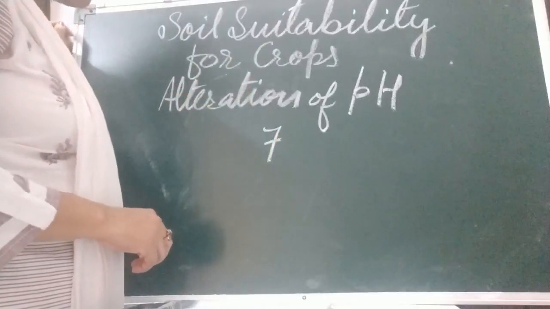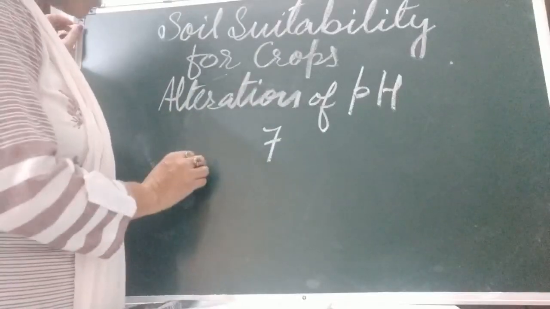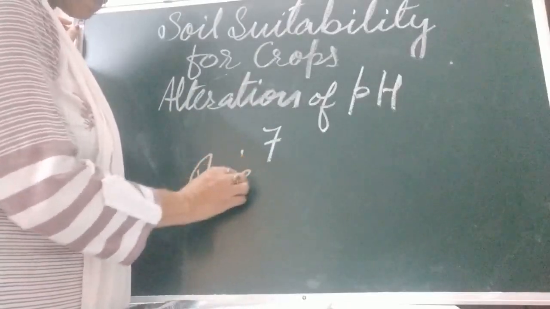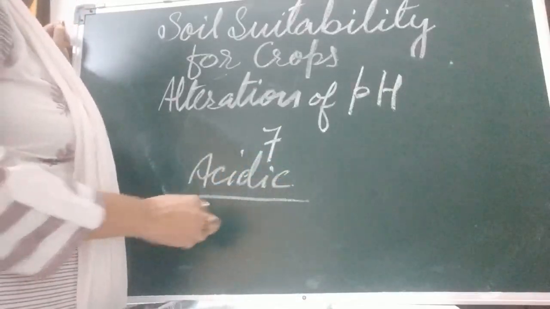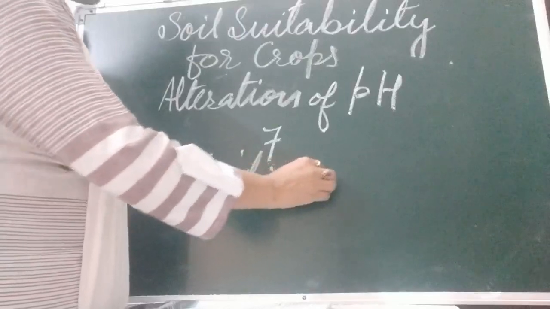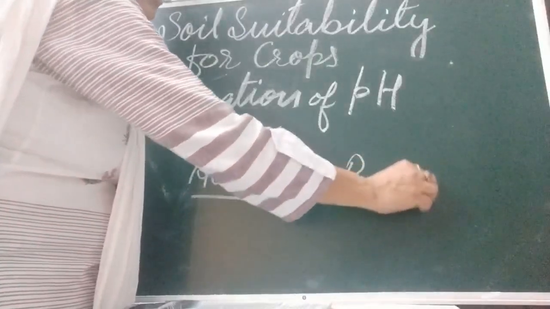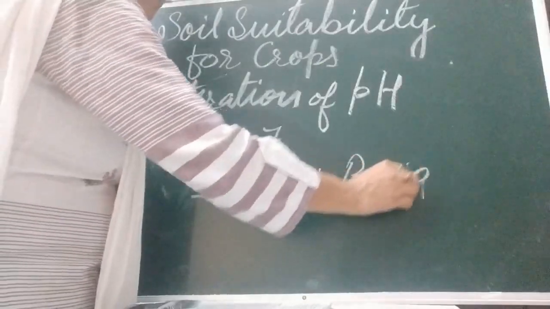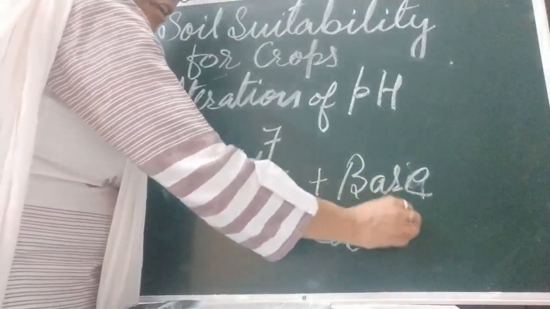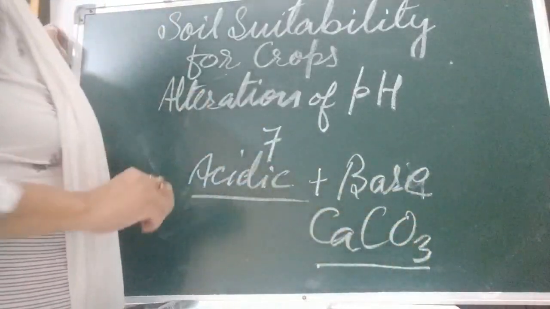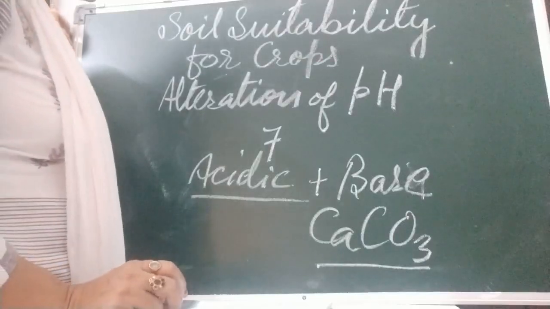So calcium carbonate is added if the soil is acidic in nature. To make it neutral, what will we add? A base. Which base? Calcium carbonate. Children, I am writing the formula. You must learn this formula.